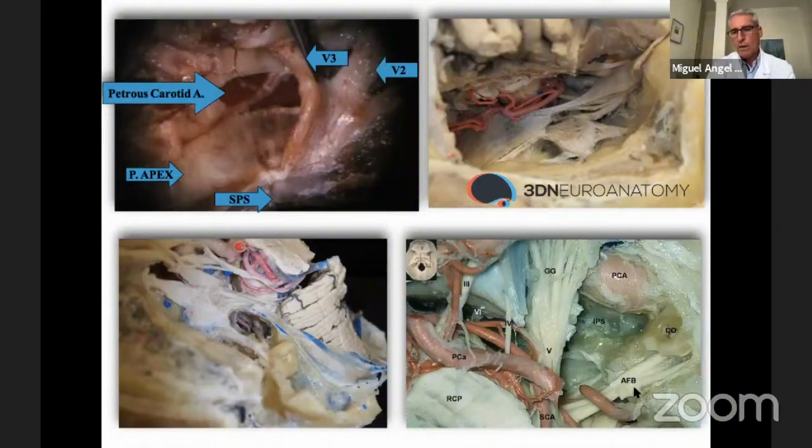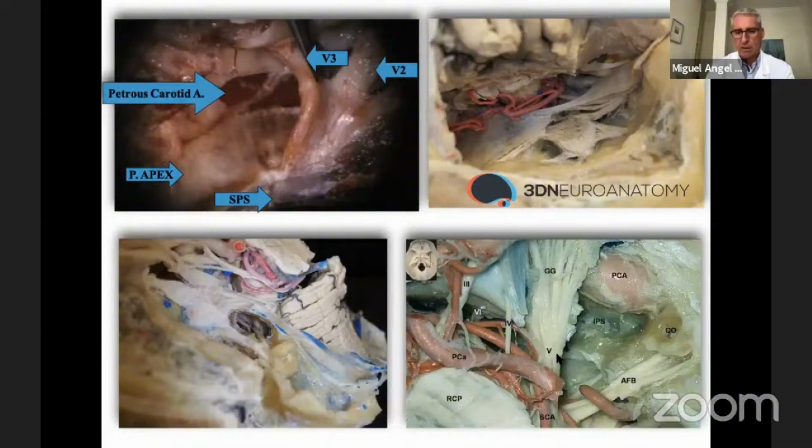And now we can see this more complex neuroanatomical view of the Petrous carotid artery, inferior petrosal sinus after drilling. We can see the dura of the posterior fossa. We can see the sometimes difficult relationship with the trigeminal nerve.